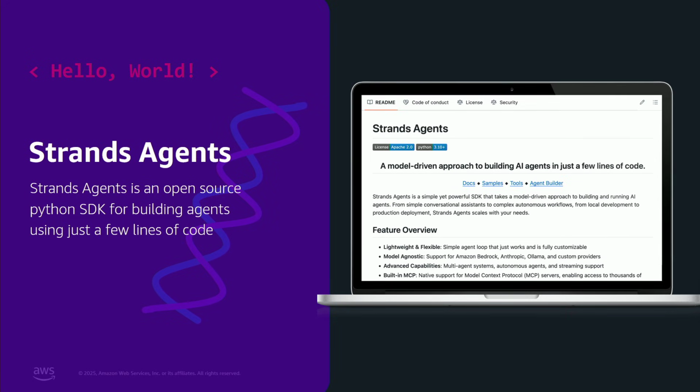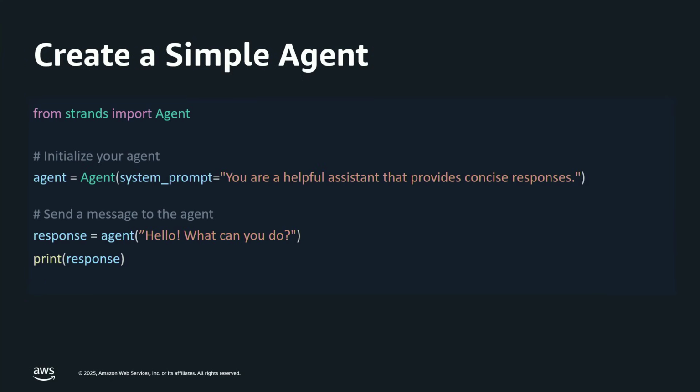With Strands, you're able to use any model that supports tool usage. That can be through Amazon Bedrock using Anthropic Claude models, OpenAI, etc. As long as your model supports tool execution, the Strands framework will work and support your use case.